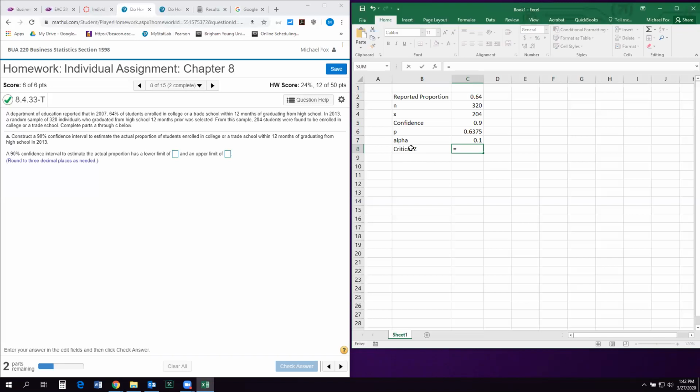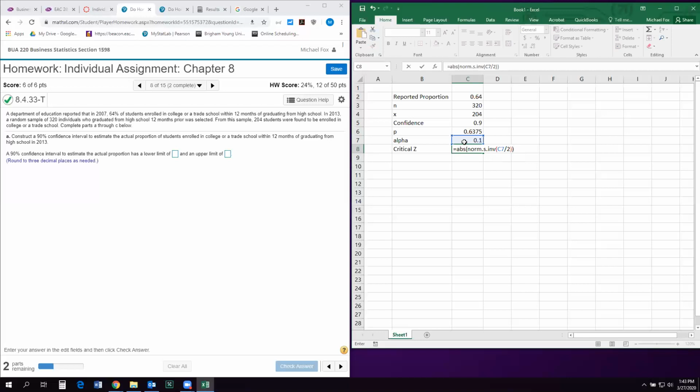So the way I do it is the absolute value of NORM.S.INV of alpha divided by 2. So that's how I set it up for Excel to find my critical z. I'm using the function NORM.S.INV of alpha divided by 2, which finds the z-score of alpha divided by 2, and then you take the absolute value of that, so it's the positive side.